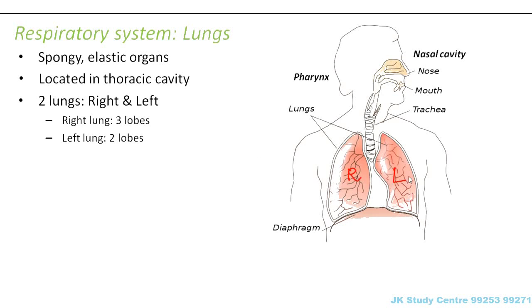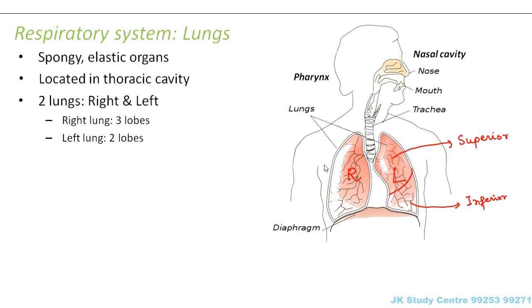The right lung is divided into three lobes. So these are the two lobes in the left lung, the upper lobe and the lower lobe. The upper lobe is known as the superior lobe and the lower lobe is known as the inferior lobe. Superior means above, so the lobe located on the upper side is superior and the one on the lower side is inferior.